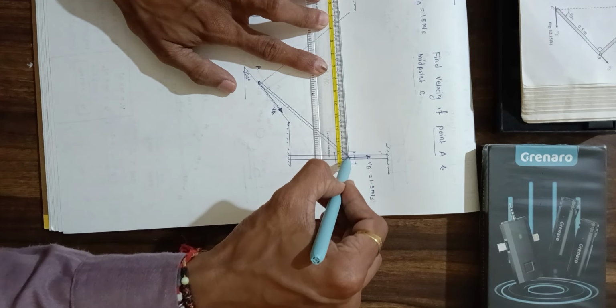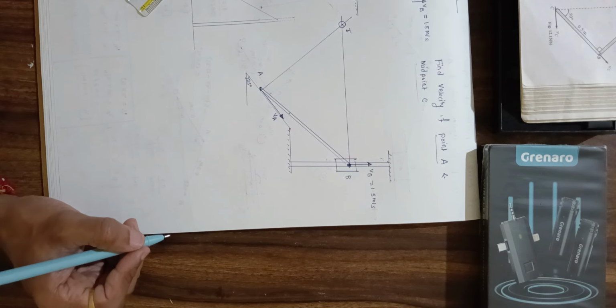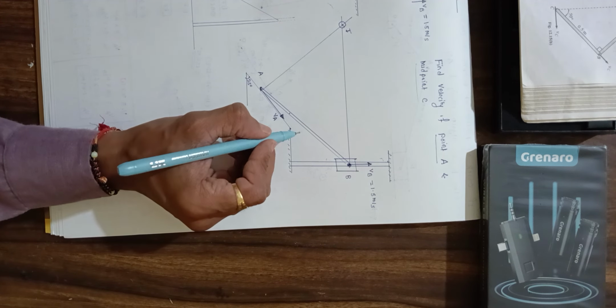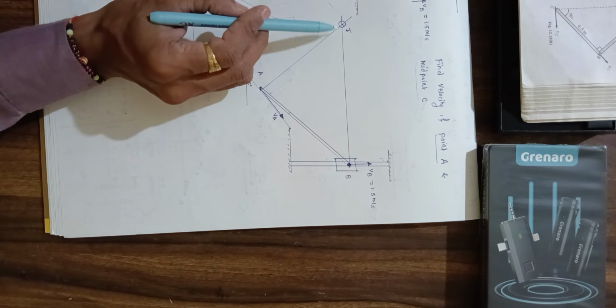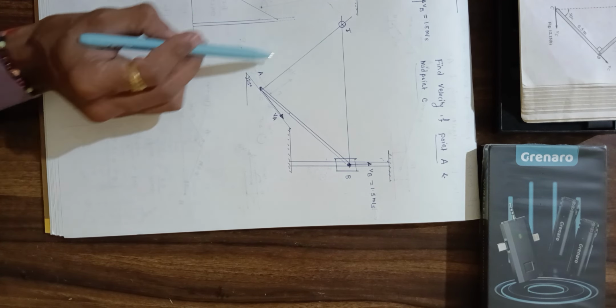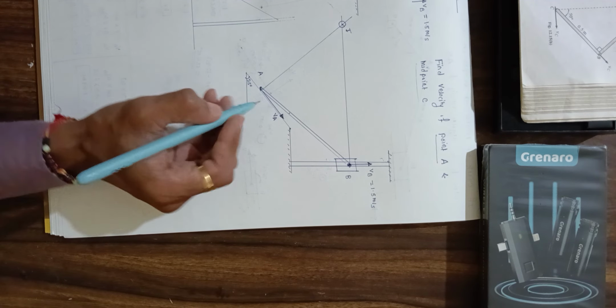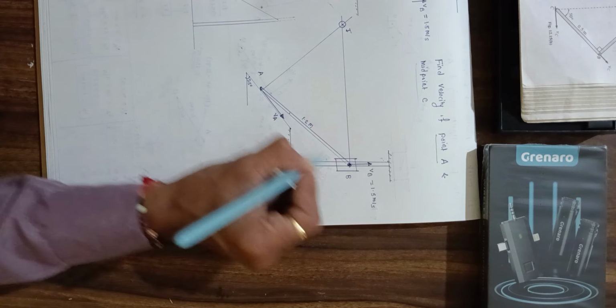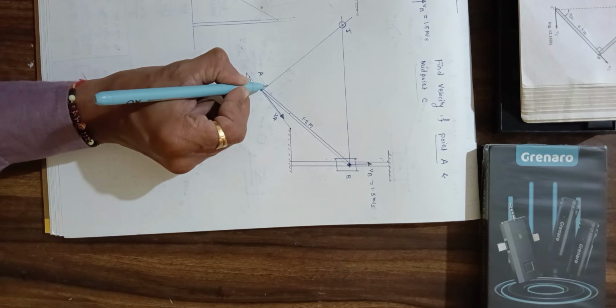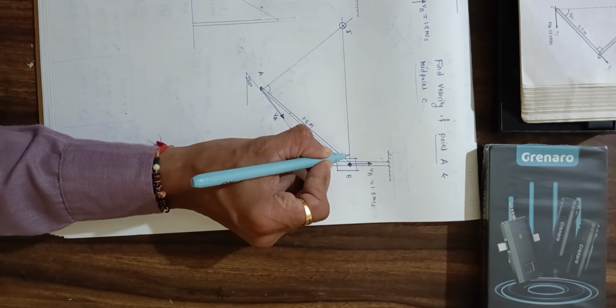This intersection point is nothing but the ICR point. Now to find the velocity of point A, we first find distance BI and distance AI. For that, one distance is given: this is 1.2 meter, distance AB. We should calculate this angle and this angle.